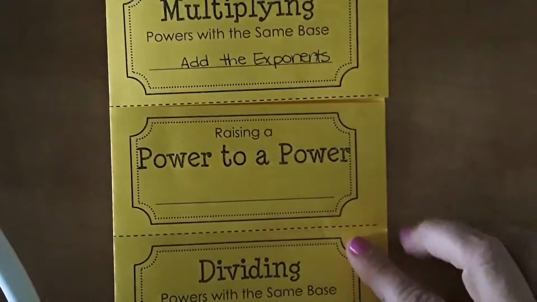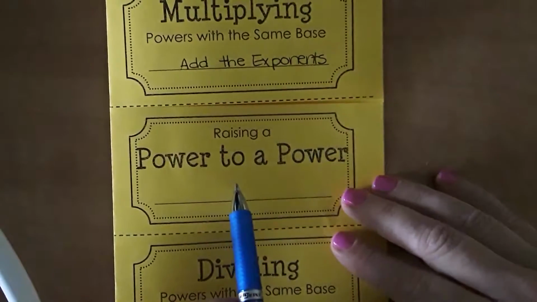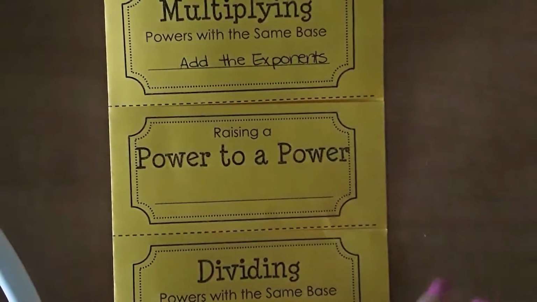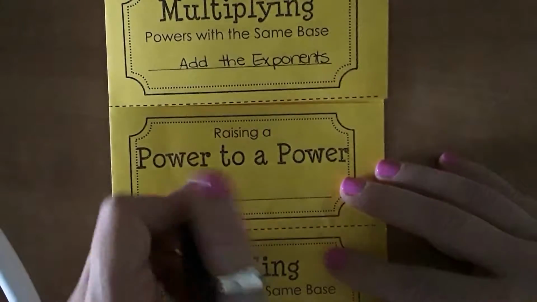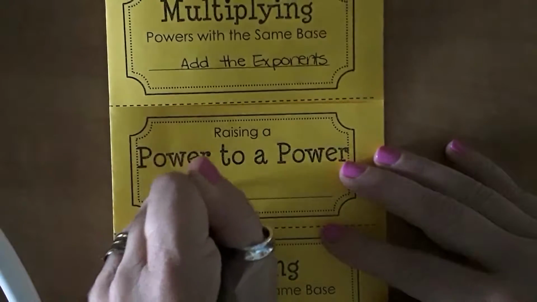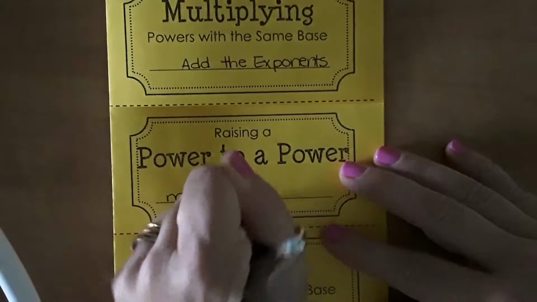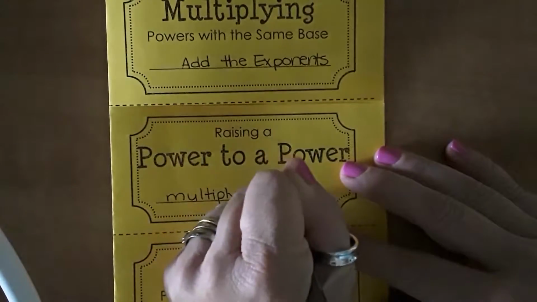And we're going to do raising a power to a power. That means that I'm going to have an exponent on the inside of my parentheses and one on the outside. When that happens, I'm going to multiply the exponents.